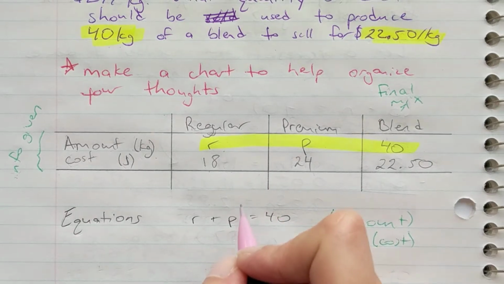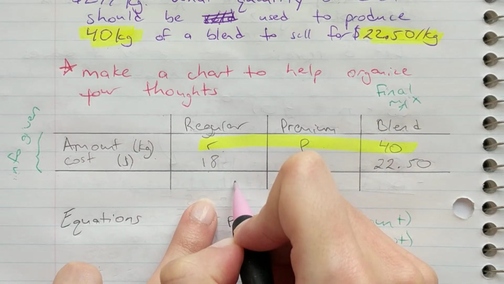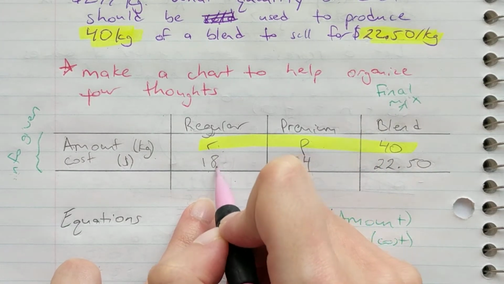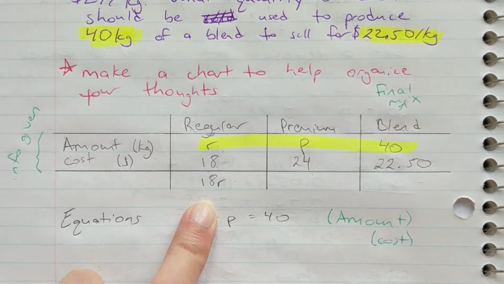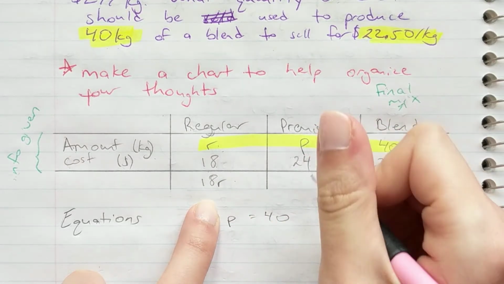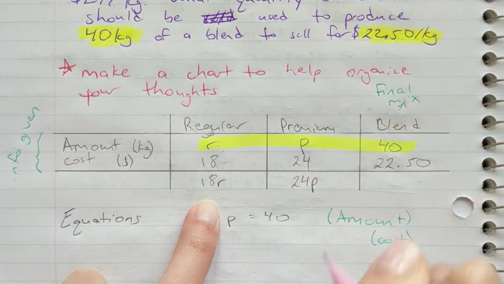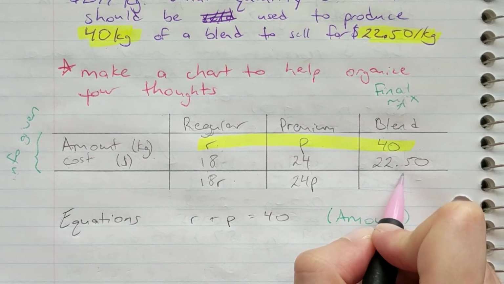We're going to then create our second equation here by multiplying vertically within our table. So I'm going to say R times 18 gives me 18R. P times 24 is 24P. We also need to multiply vertically here.